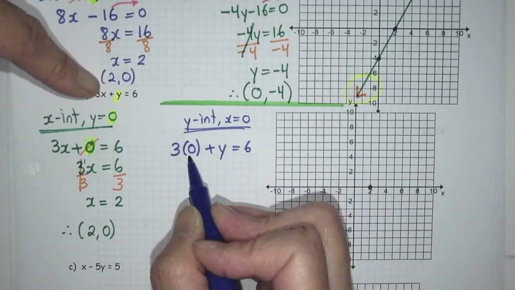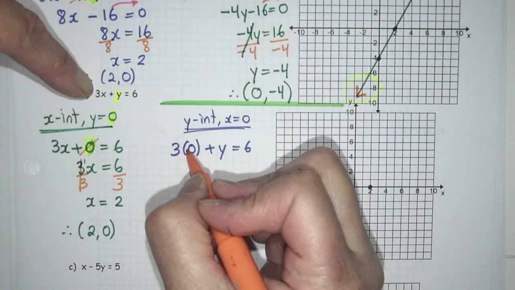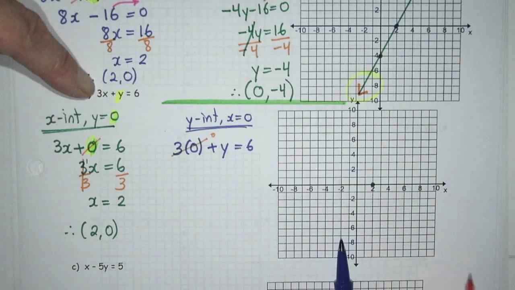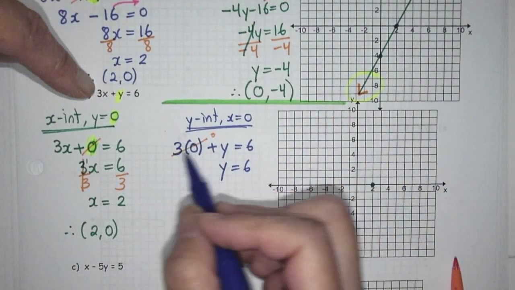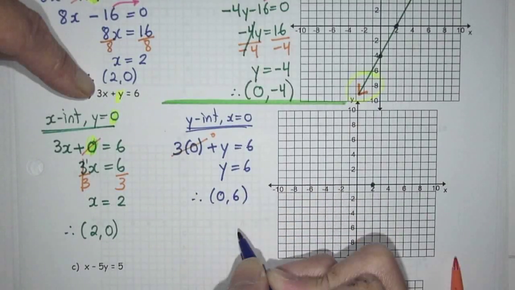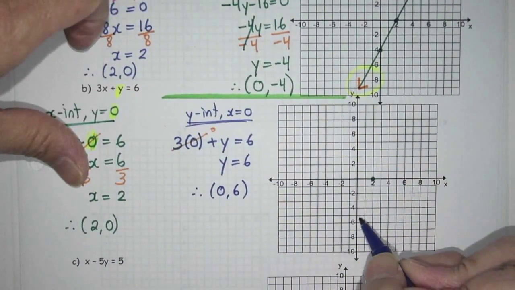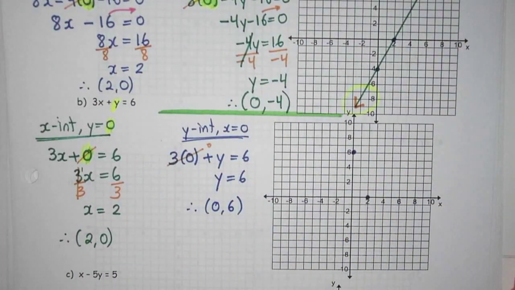Right, so this 0 here goes in for the x. That goes away. Going a little bit faster now, I'm hoping that you're following. Y equals 6. There's nothing else to do, so then I know it's going to be (0, 6), which is up here, (0, 6), and that's it.